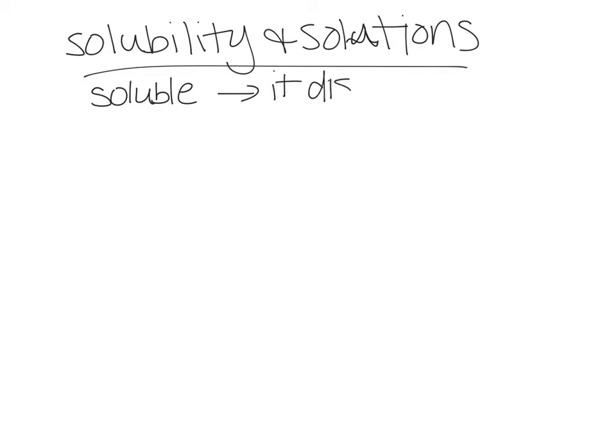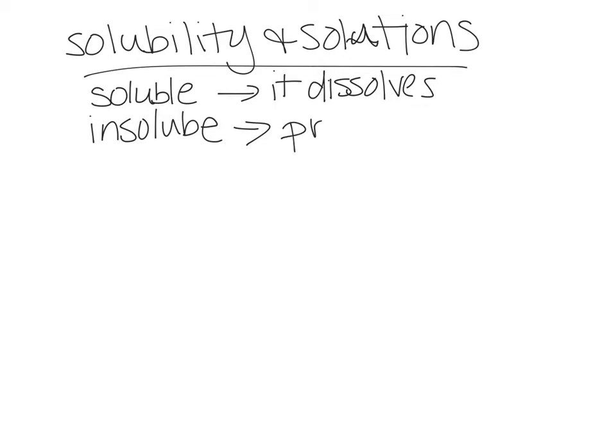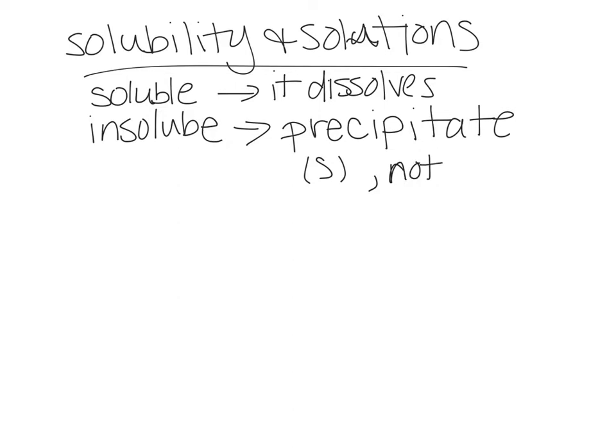It dissolves, right. Okay. What does insoluble mean? Not able to dissolve. Right, not able to dissolve. So most likely it's forming a what? Yeah, precipitate, right? Okay. So it's the idea that you're forming a solid or it's not dissolving. All right, one of those.